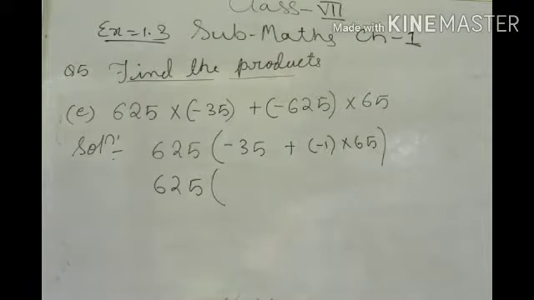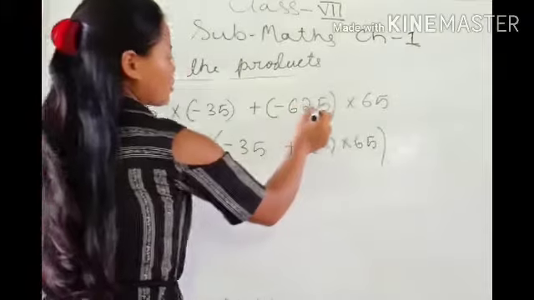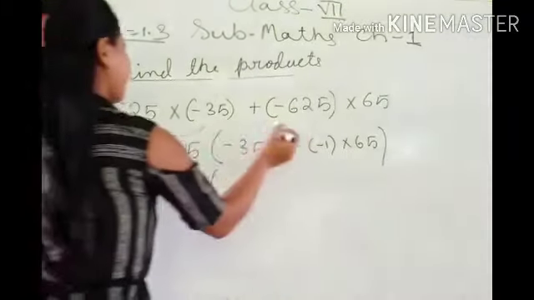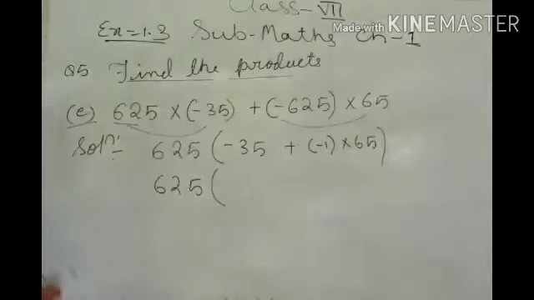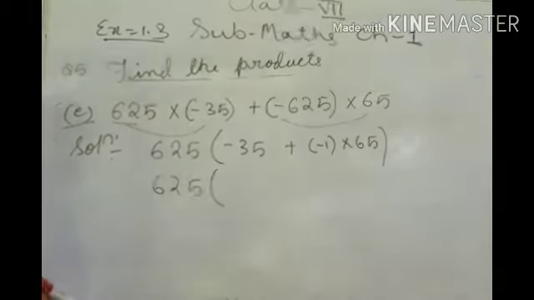Number 5, E. What is the question here? 625 multiply with 35 plus minus 625 multiply with 65. In these two terms, you can see one common number, 625, here and here.